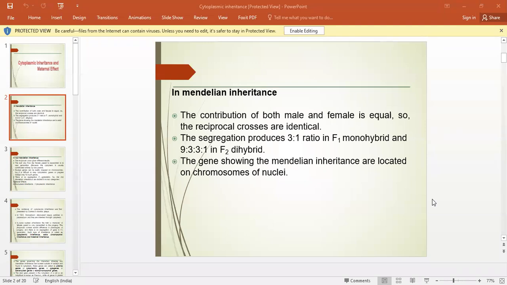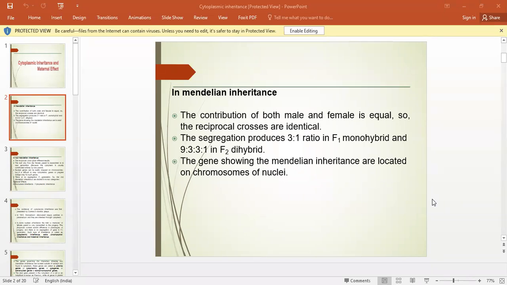So these 3 points are important in case of the Mendelian inheritance: both the male and the female parent contribute equally to their offspring. Reciprocal crosses do not affect anything, the progeny will be the same.